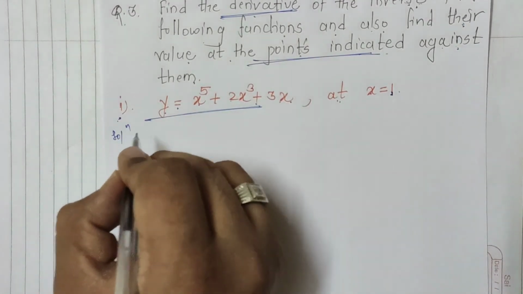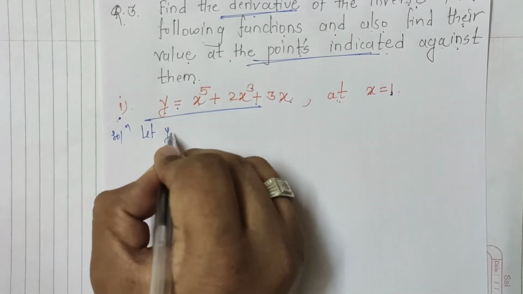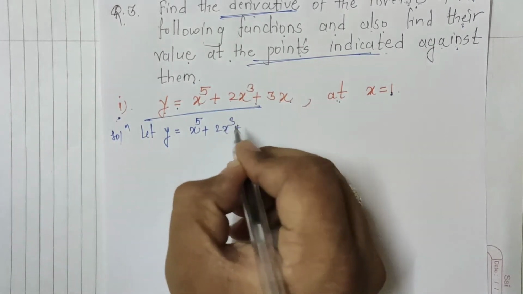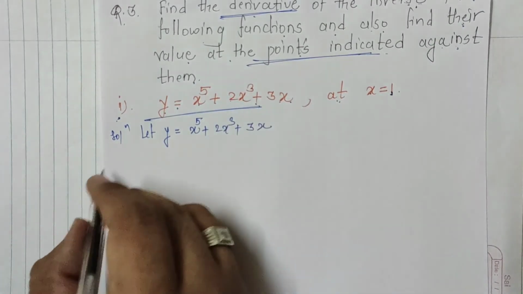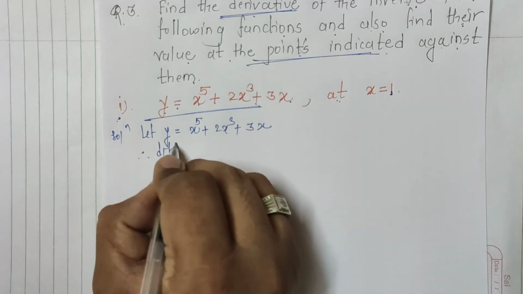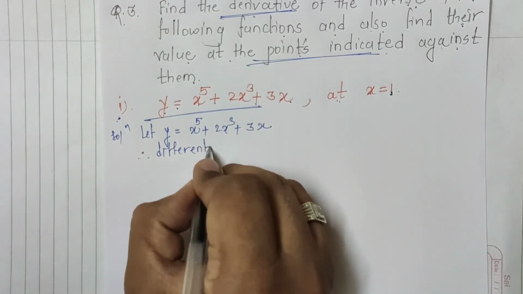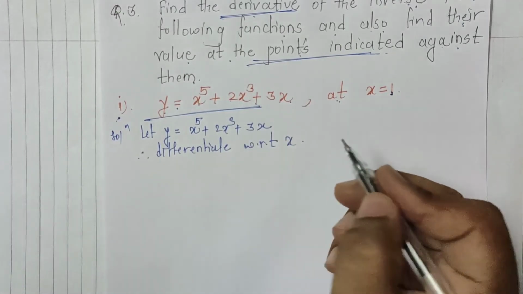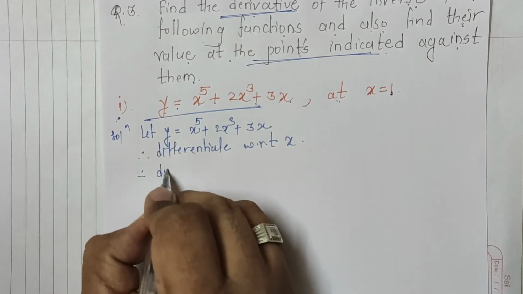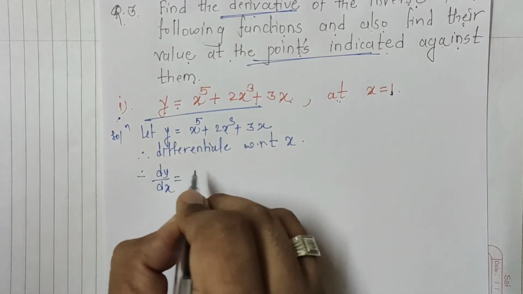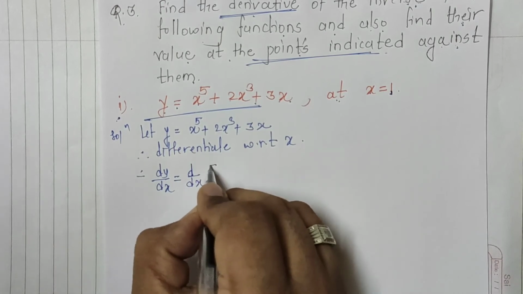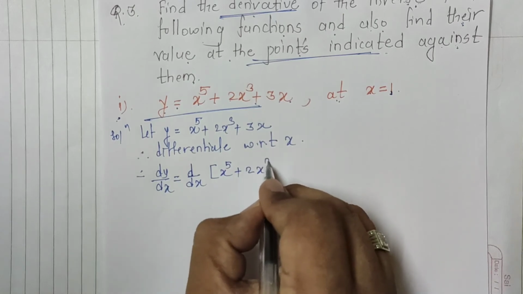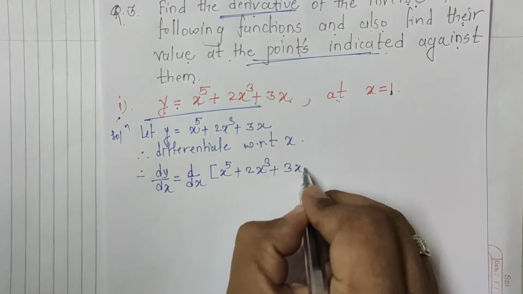Its solution: consider y is equal to x raised to 5 plus 2x cube plus 3x, given. Therefore we differentiate with respect to x. So dy upon dx is equal to the derivative of x raised to 5 plus 2x cube plus 3x.